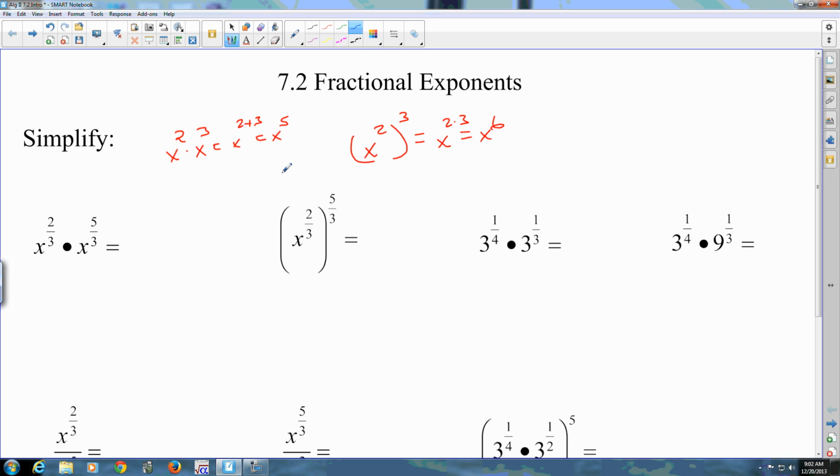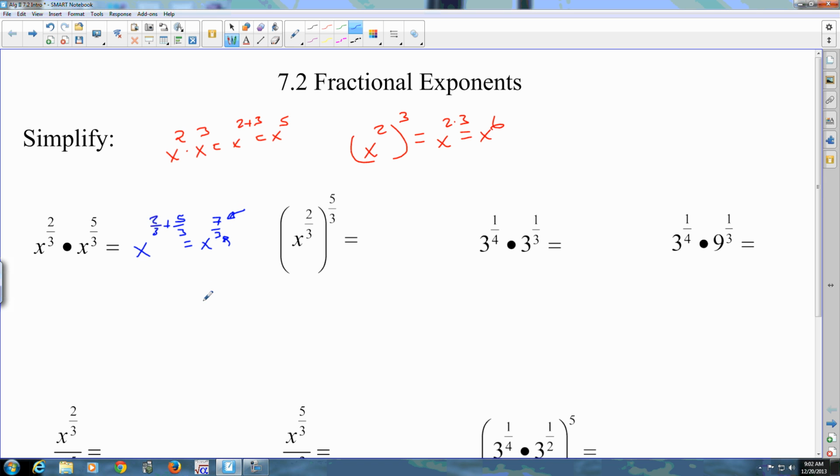Okay? So here, you're multiplying, the bases are the same, so you add your exponents. So that's x to the 2/3 plus 5/3. You have a common denominator, so you just take care of business on top. That becomes x to the 7 thirds. I do not recommend that you guys write mixed fractions for exponents. The reason being is that you can see the power and you can see the root.